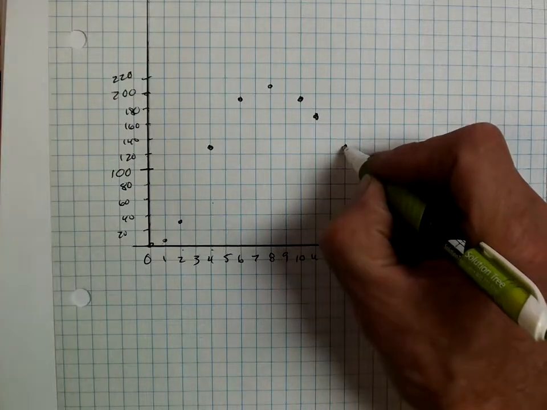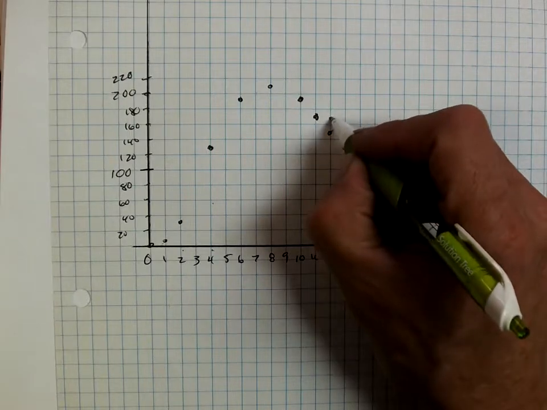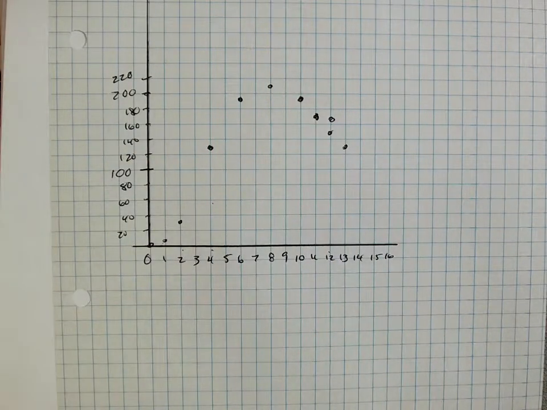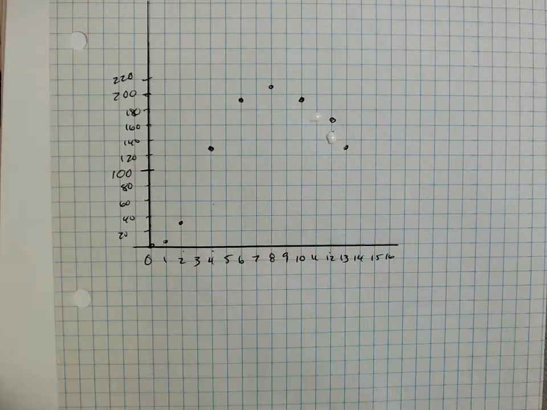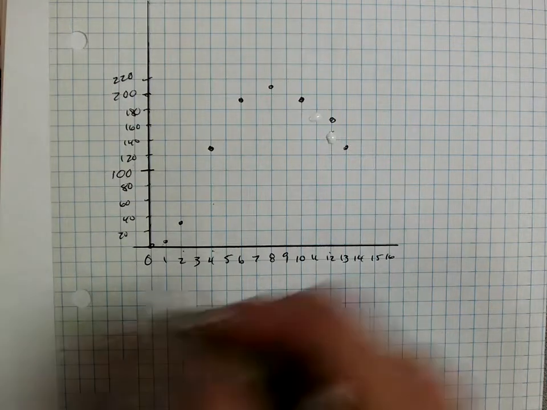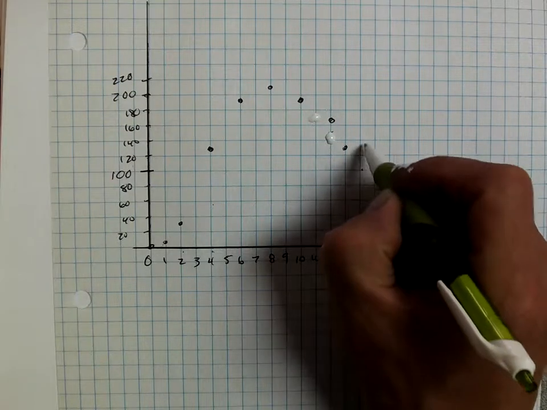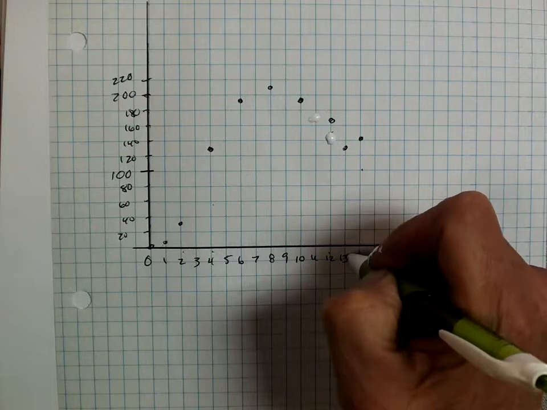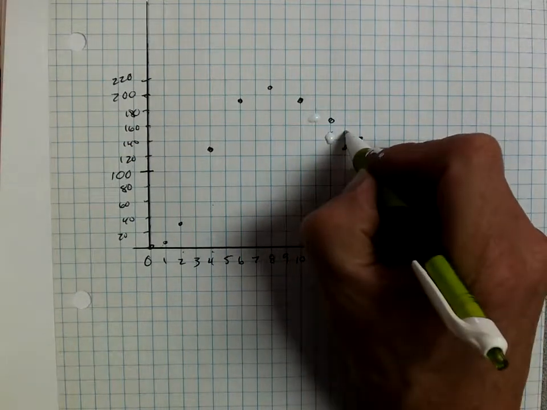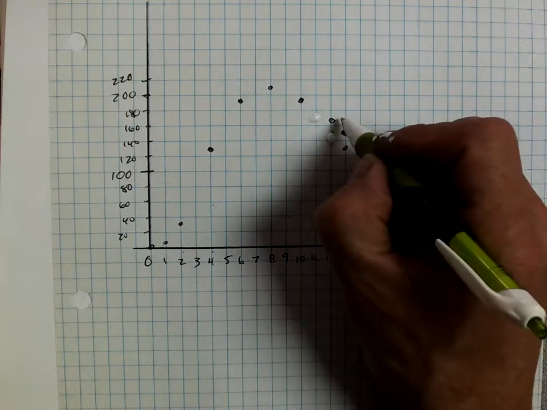There. 12 must be off. 12 is off. Get some white out here. I got a mistake. Good thing I have white out, huh? Oh, man. There we go. Alright. Where am I at? 14 and 141. Oh, that can't be right. I am definitely off. 13 is 147. 12 is 155.